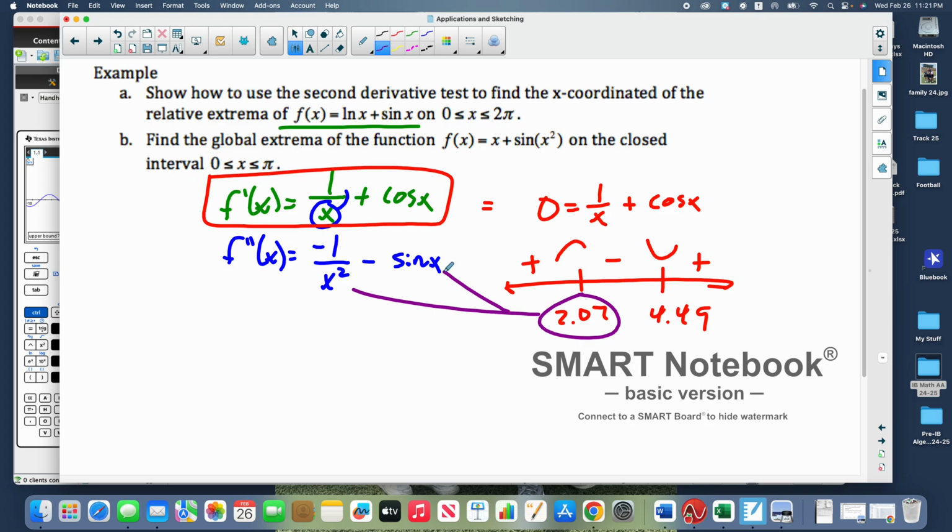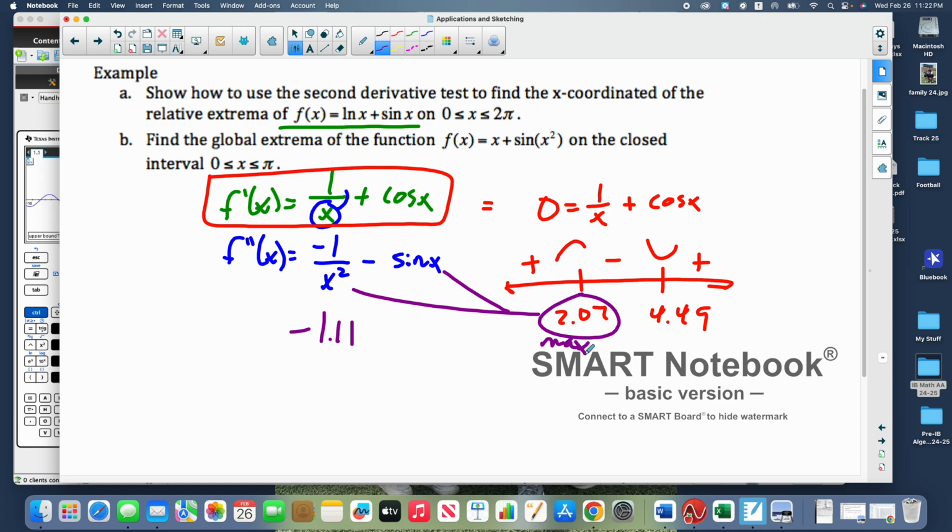It's not something that's super easy. And so if I plug that in, I got negative 1.11. Well, because this is a negative number, the second derivative kind of works opposite of my normal thinking. If I plug in the second derivative and it's negative, then that means that that was a maximum. Okay? So I kind of verified that as well.